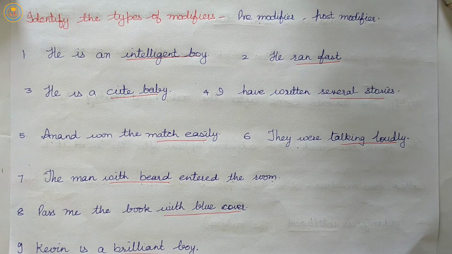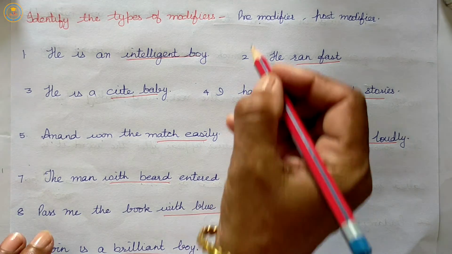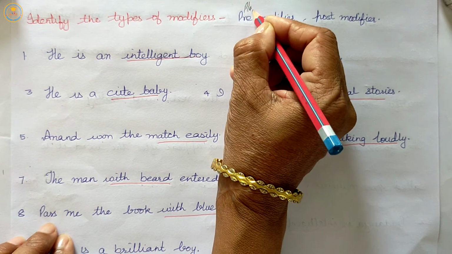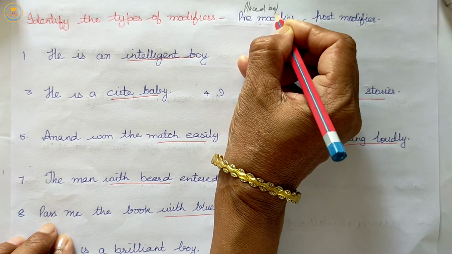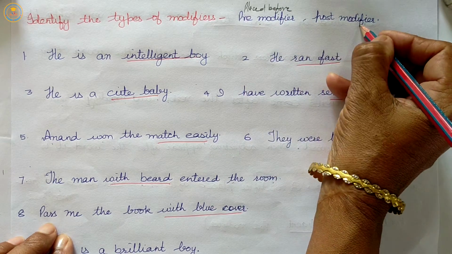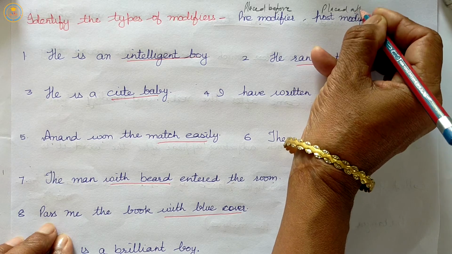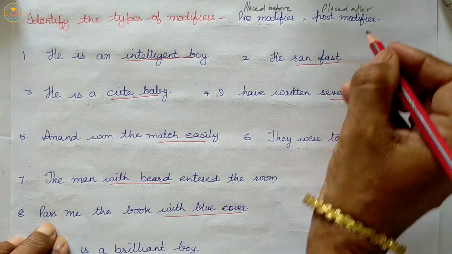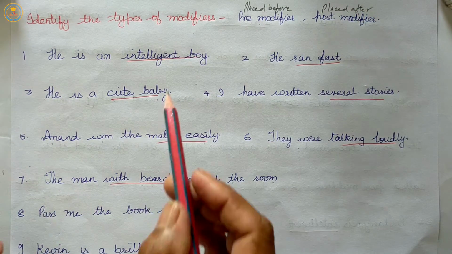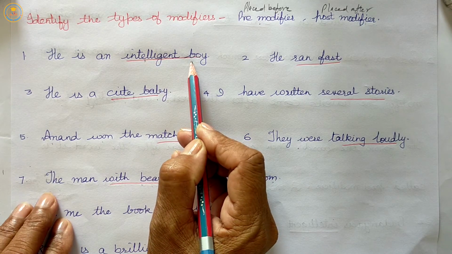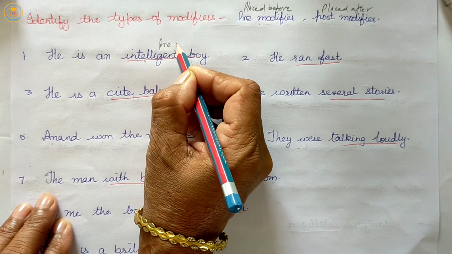First is intelligent boy. We have already read that pre-modifiers are placed before and post-modifiers are placed after the word they modify. So here intelligent boy is a pre-modifier.